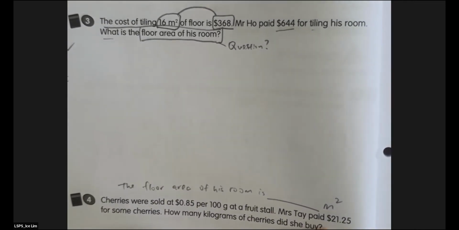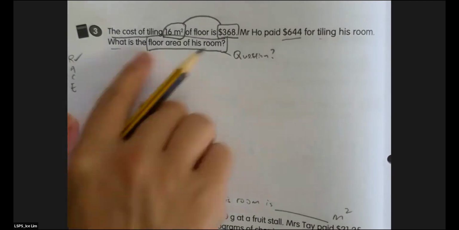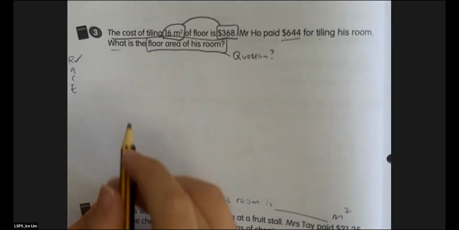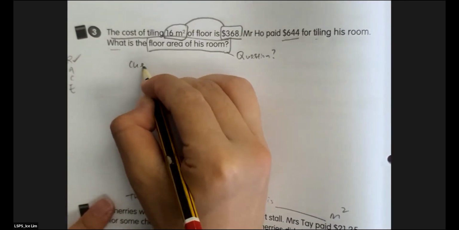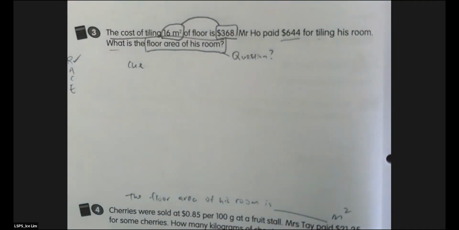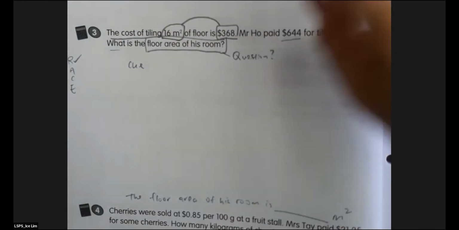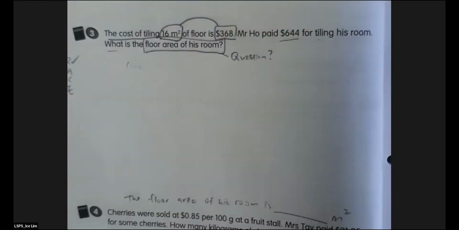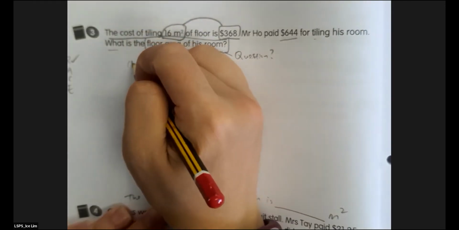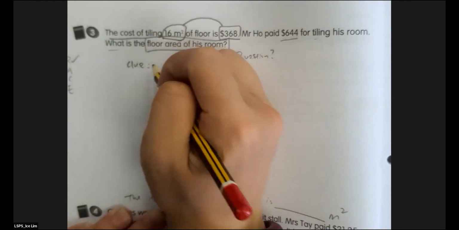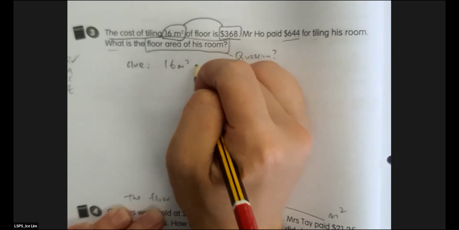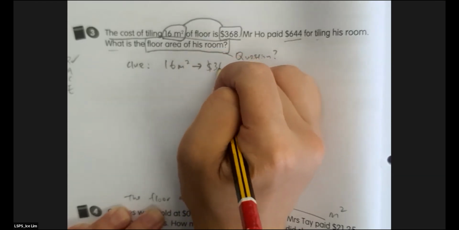In other words, let's go back to the clue that I have. I've done my annotation. I go back to my clue: 16 square meters and $368.